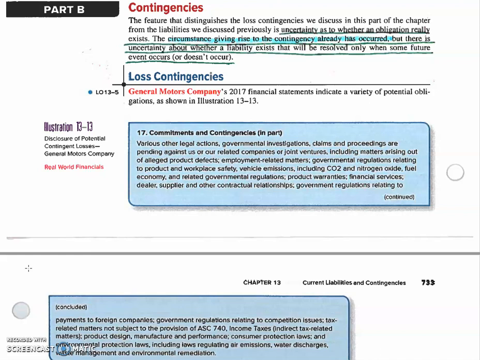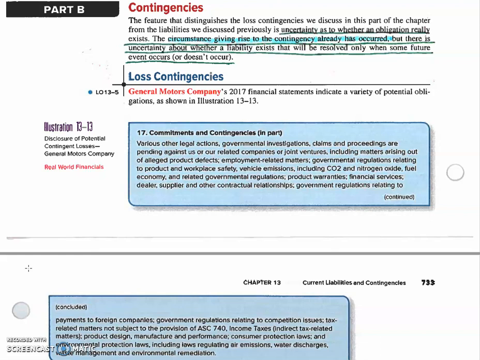And will it require a future sacrifice? Well, again, that's uncertain. So we have to determine what is the probability that we have an obligation that's going to require a future sacrifice. Now, if the answer is we think it's remote, we did nothing wrong, their lawsuit is frivolous, this person is known for launching frivolous lawsuits to just try and get a settlement, and they have no basis for a claim against us.